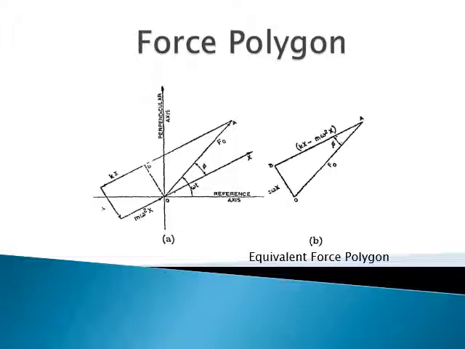Kx is phi angle less than omega t, and c omega x is the damping force, which is 90 degrees forward to the spring force. The spring force is Kx, 90 forward of it is c omega x, that is the damping force, and the inertia force is 90 forward to the damping force.